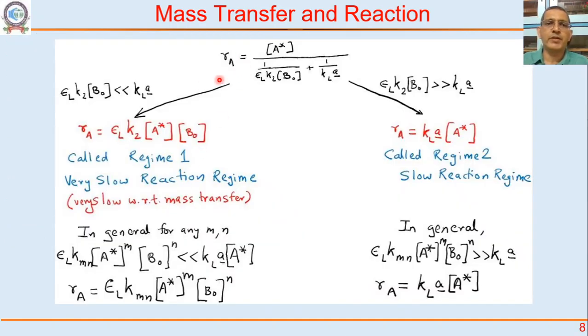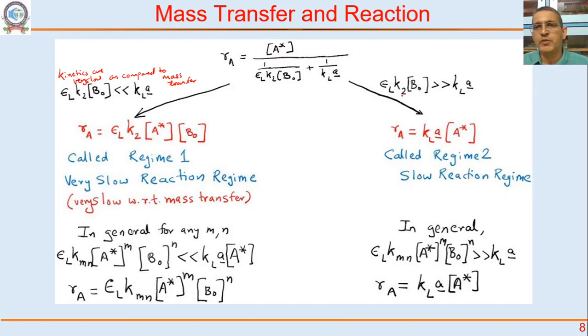So we can think of two extremes. Epsilon L K2 B naught is far less than KLA, means kinetic resistance is very large as compared to mass transfer resistance. Means kinetics are slow as compared to mass transfer, or very slow if you want.